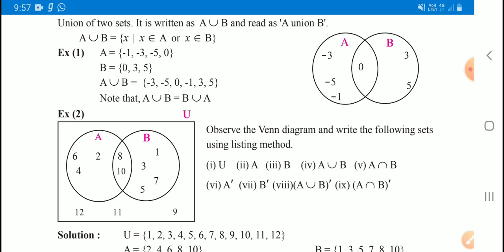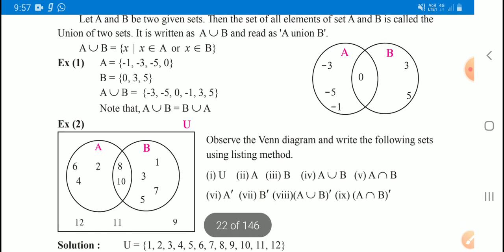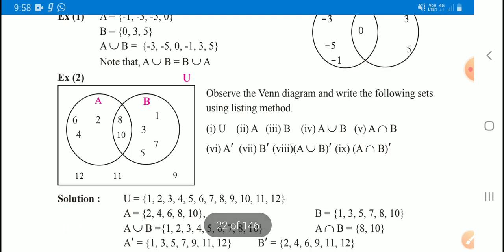Here 0 is present in both the sets A and B, but while writing the set, we write the element just once. So we have written 0 one time. Note that A union B is equal to B union A, because union means we are writing together all the elements from both the sides.